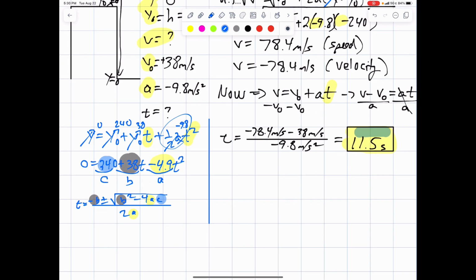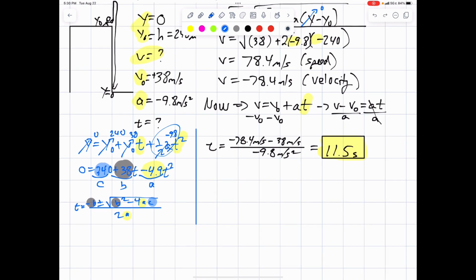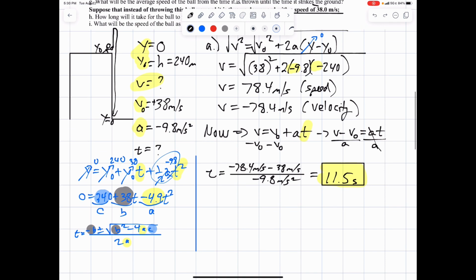I'm going to come up with the exact same thing, which is 11 and a half seconds. So you have multiple ways of figuring out part A. Okay, again, I'll point out those multiple ways, but you need to have a strategy you're comfortable with. I kind of like using two smaller equations.